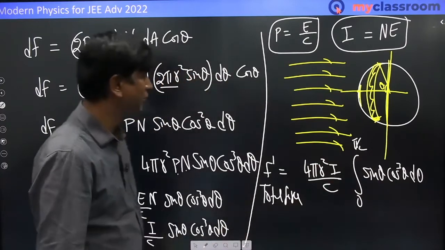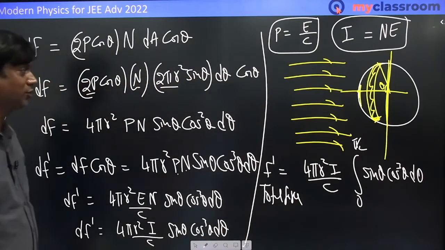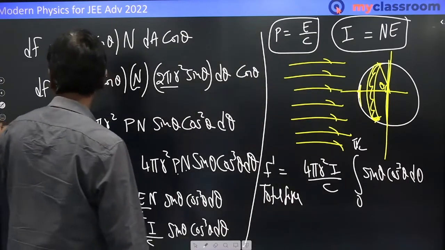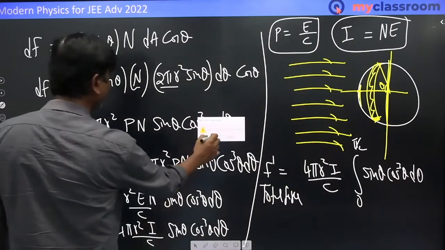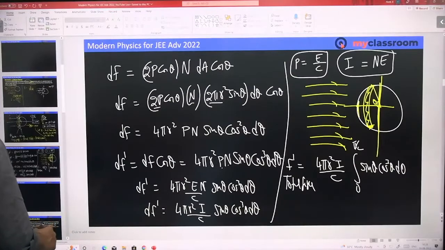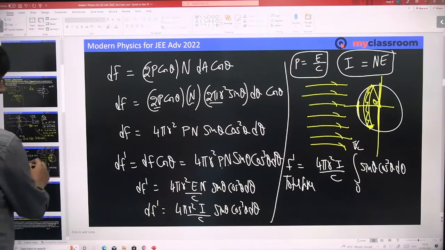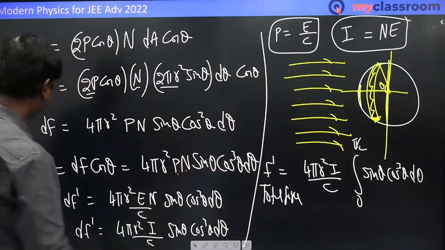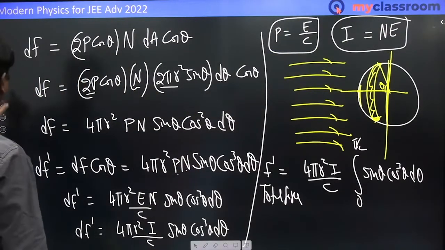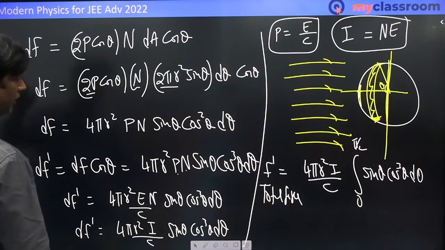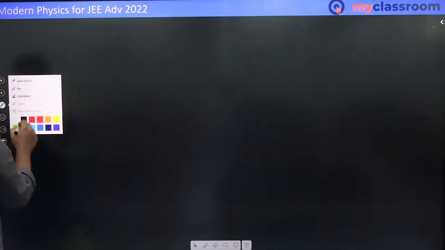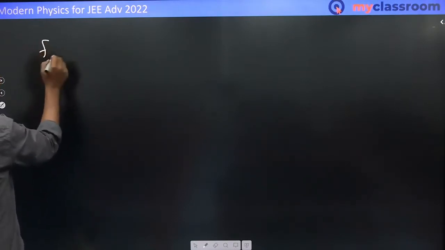Just by substitution method, you can employ a substitution there. I will take that on the next page. So the total force is 4 pi r square I by c.